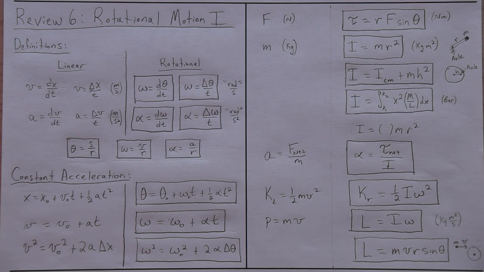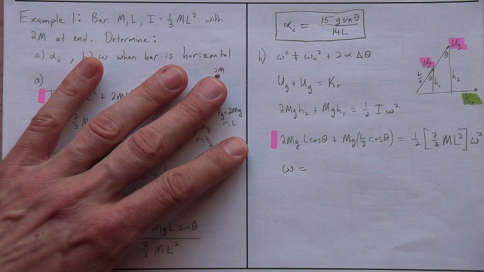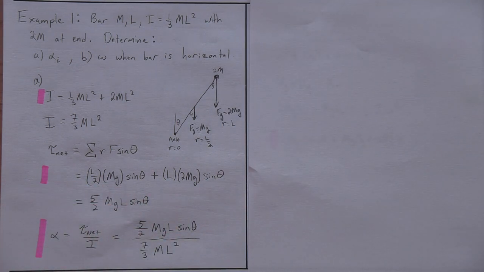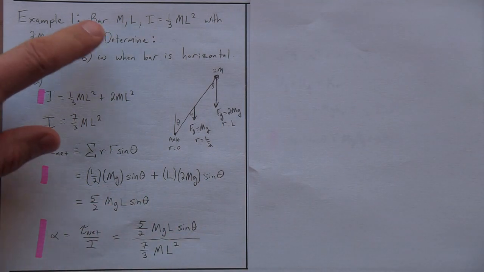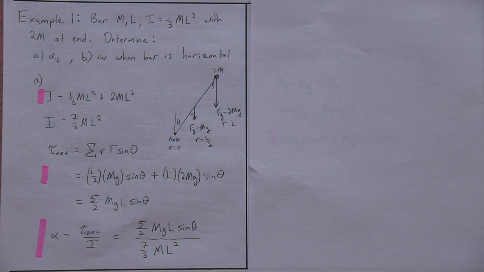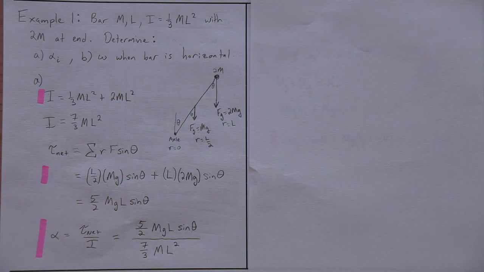So, first example. We've got a bar, mass m, length L, and inertia I. The inertia of a bar through its end is 1/3 mL squared.